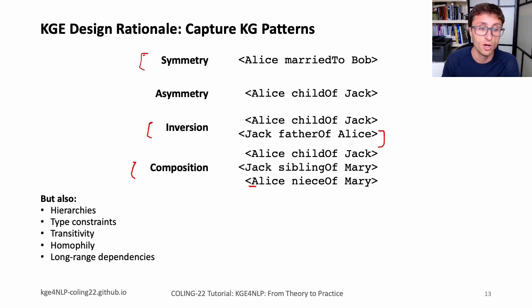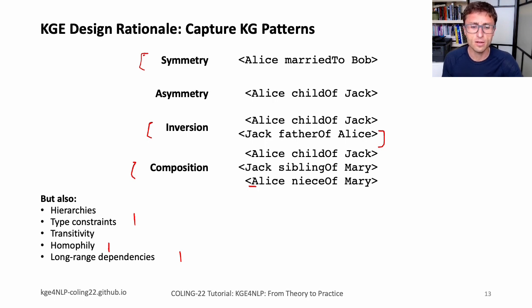There are hierarchies, all kinds of type constraints. There are transitive relations, homophily. Knowledge graphs are known to have quite a lot of homophily, so similar items, nodes, and in general entities that have something to do together usually occur in the same neighborhood of the graph, but there are also long-range dependencies.